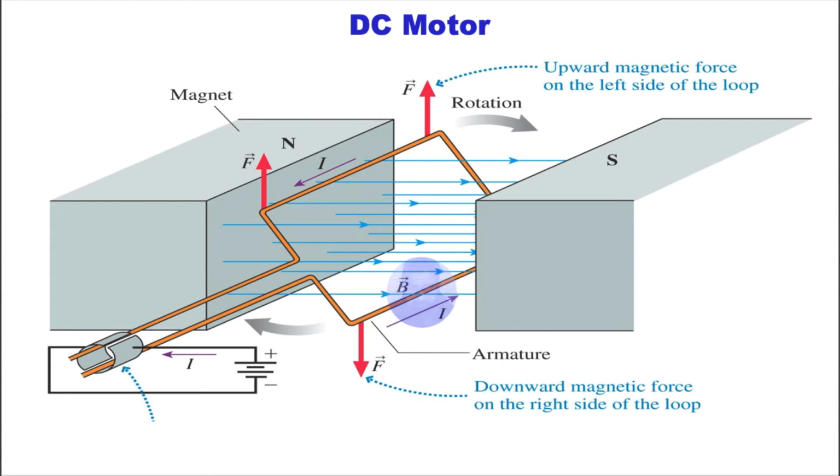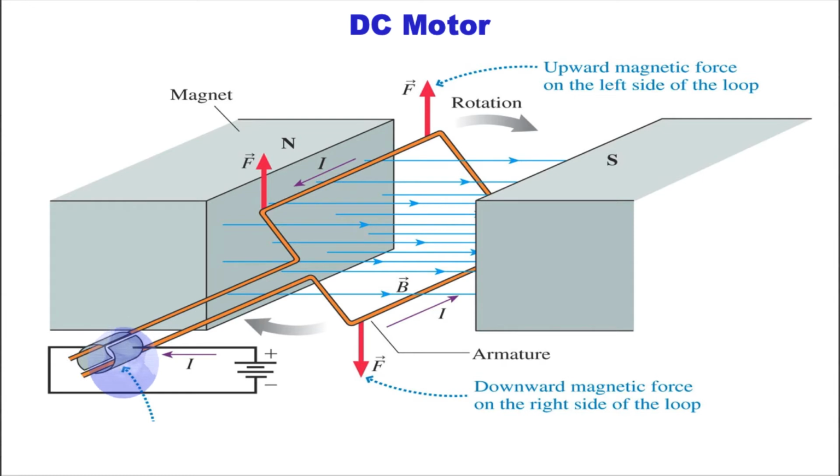And if this is the case, then this loop will rotate. And of course, after some time, this bottom segment will be up here. And what that would mean is that the force will now be acting oppositely. However, notice this little gap here. When the bottom segment rolls around, the current will switch direction all of a sudden because of this little gap here.